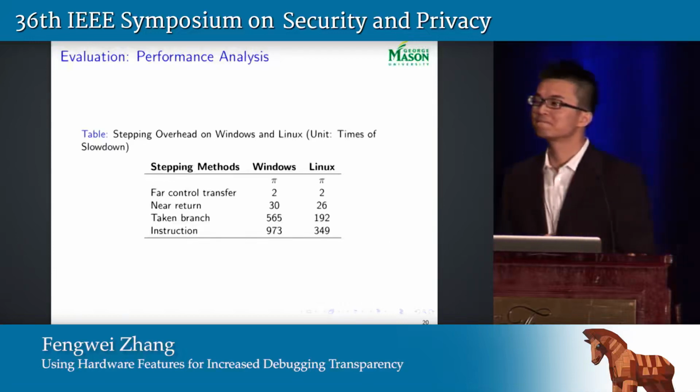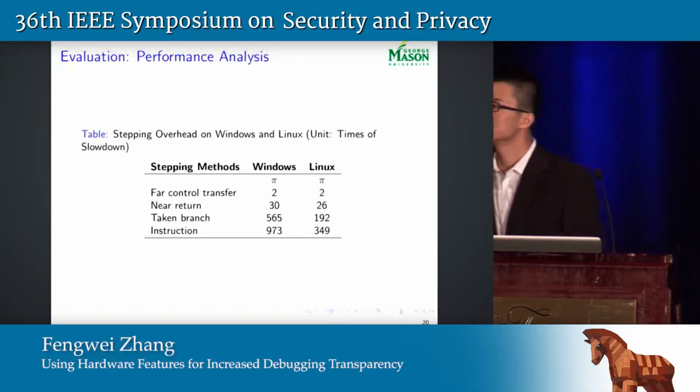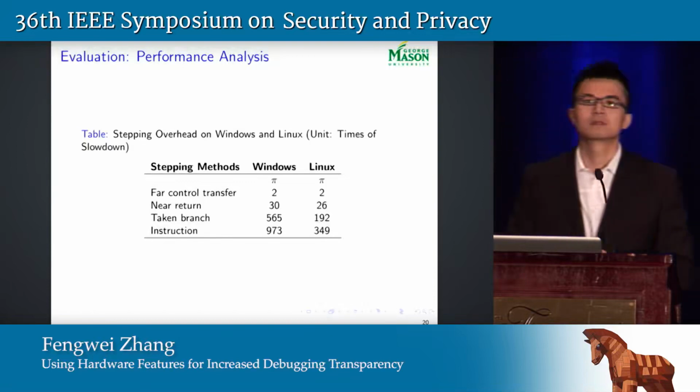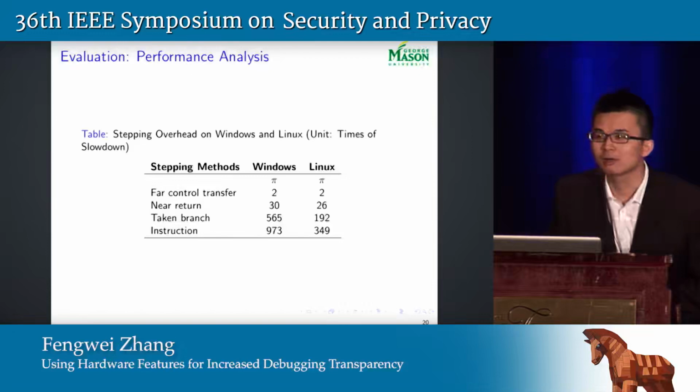So how do you compare the use of SMI with the single-step debugging feature of the Intel processor? The question is, how can I compare my system with the Intel single-stepping system?